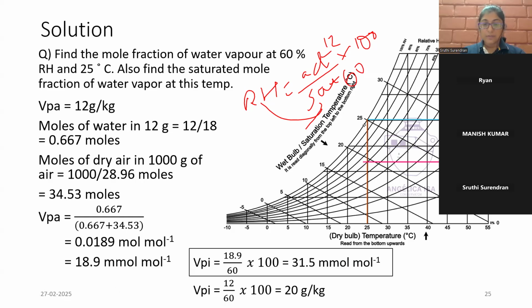So again, further from here, we'll be doing some problems. Does any one of you have any difficulty with the psychrometric chart reading or anything? Because otherwise, you will waste a lot of time not knowing what to do. If you want me to explain, I can explain again.